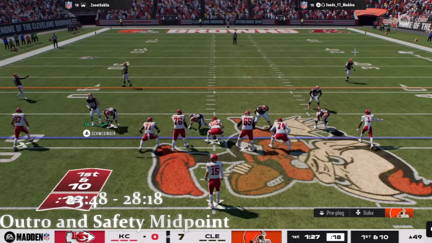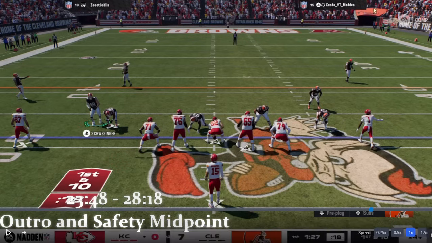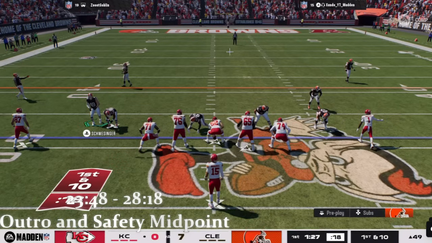And this is where you can get into the safety alignment feature, the midpoint feature. I didn't go over it, but maybe you could select safety midpoint weak, I believe would be the one, where this guy would align further outside and the safety will align further this way because it's the weak side of the formation. And then he would be in better position to defend on inside breaking routes.